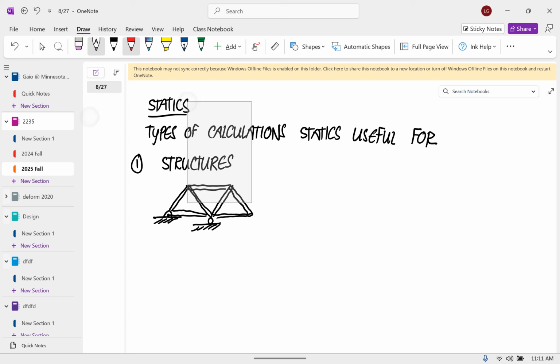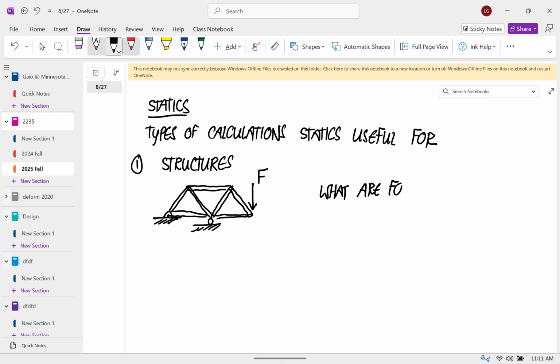And let's say you have some known force applied, and you want to know what are the forces applied to the members by the joints.